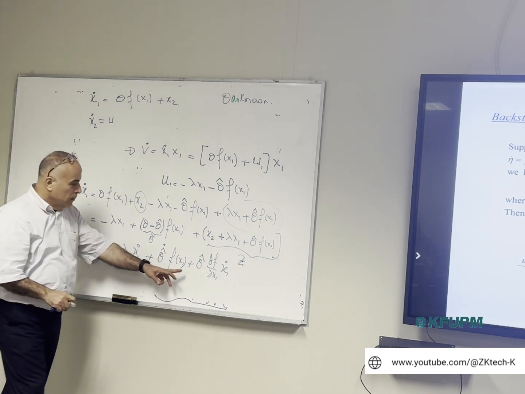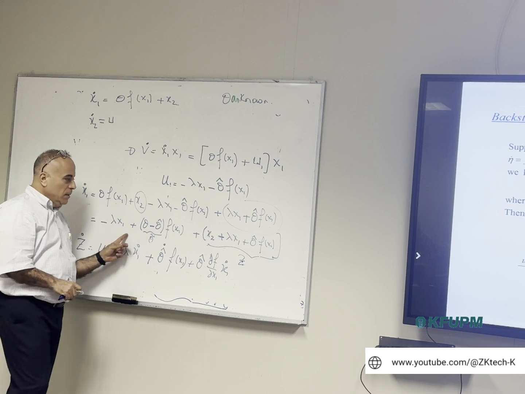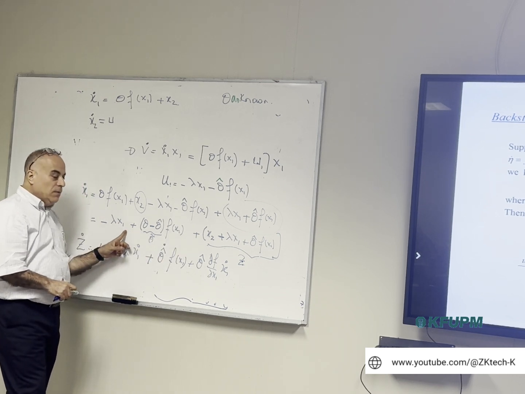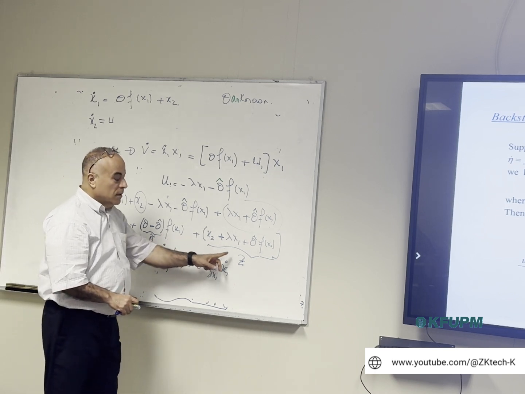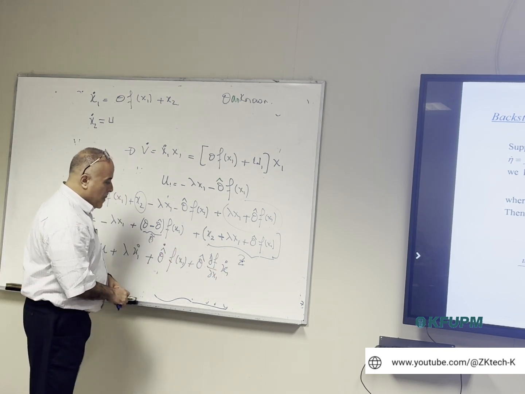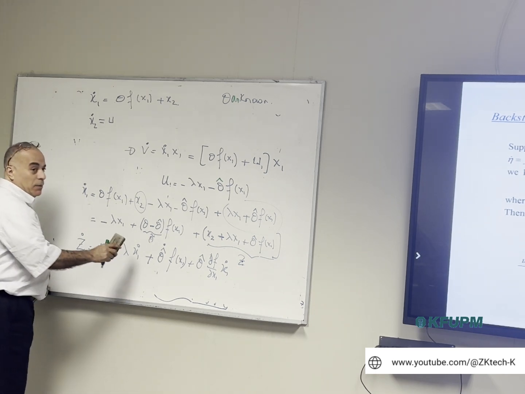Now x1 dot is this term that we have here, which is minus lambda x1 plus theta tilde f of x1 plus z. You agree with this?